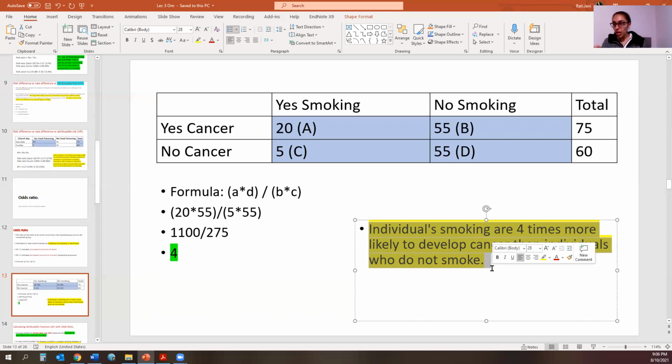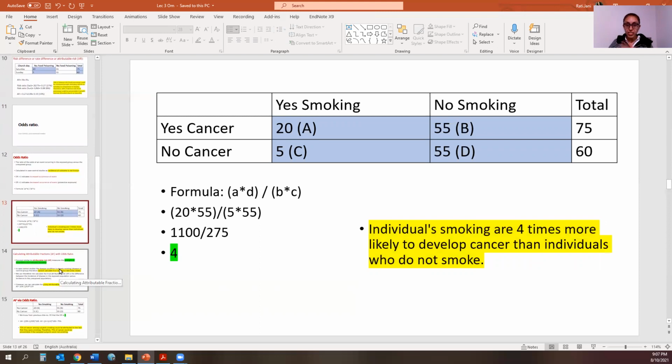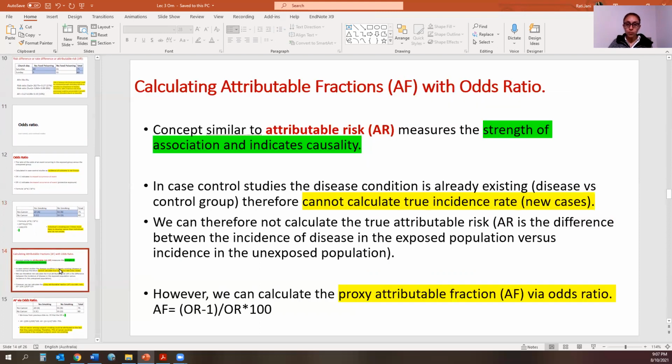But you don't have that opportunity in case control studies and cross-sectional studies. That is why researchers refrain from using the term risk when reporting results for odds ratio. I hope this makes sense, guys, the practical connotations of all of this. So that's the maths behind calculating odds ratio.